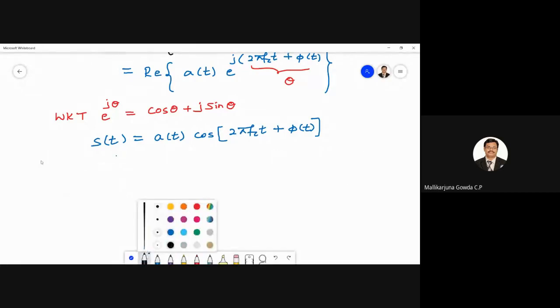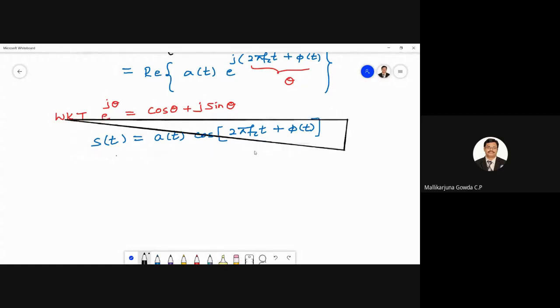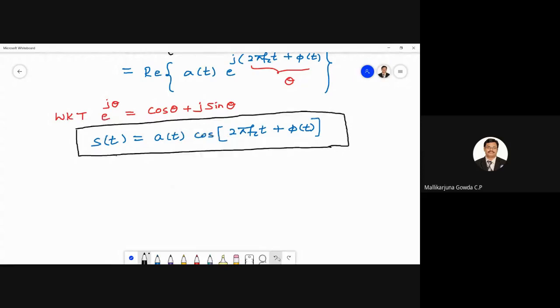So I can express the bandpass signal in polar form like this: s(t) = A(t) cos(2πf_c t + φ(t)). So here, A(t) is the envelope of the bandpass signal.